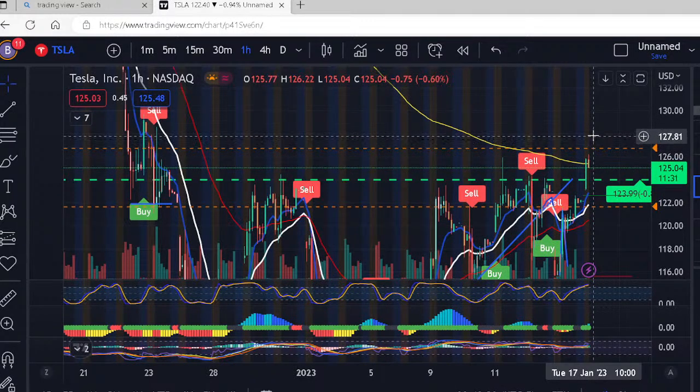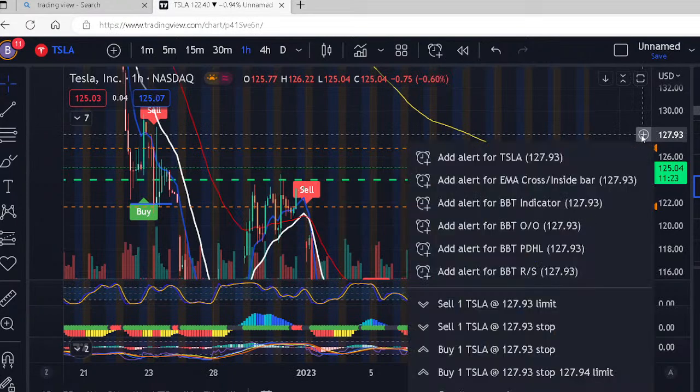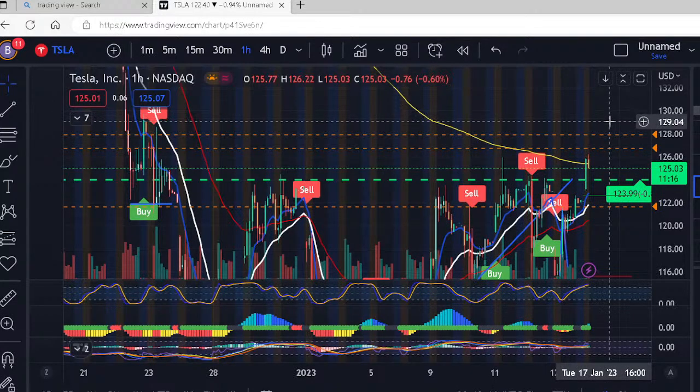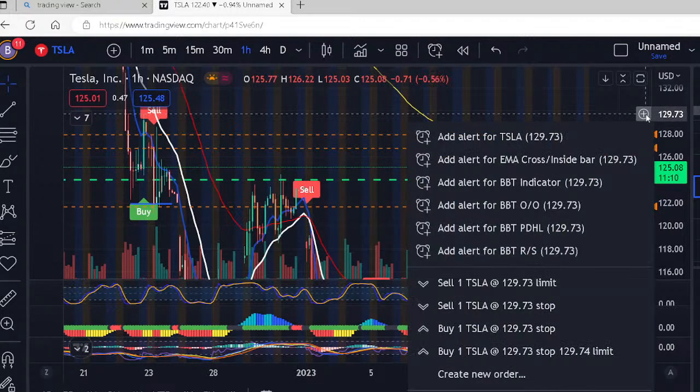My first price target would be right here. Look at how all the candles line up to the left. 127.93 would be my next price target. My next price target after that would be right here at 129. Those are the only price targets I'm going to give to the upside, guys.